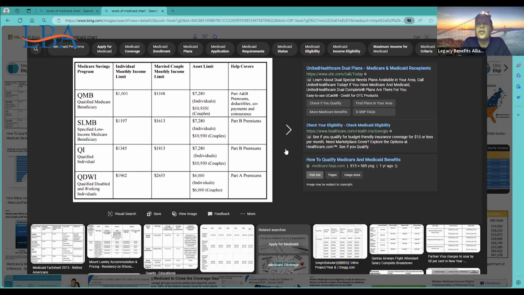So on the 100th and first day, they have no coverage. That is going to be true for any plan that you put them on. There's really no exceptions to that.